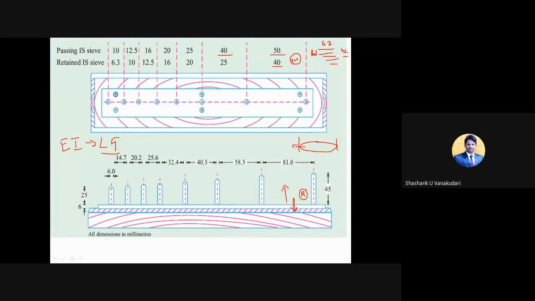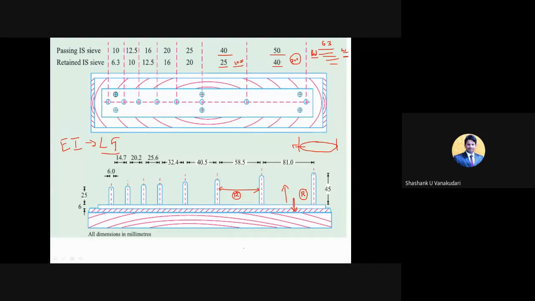Next you go with 40 mm passing, 25 mm retained. Here also you collect 200 particles. Clear? That 200 particles you note down as capital W, and you pass them through these two poles. Some aggregate will pass, some will be retained. You collect the retained particles again, and those retained particles you note down as small w. Like that you go on noting down for all the respective sieve sizes you have arranged.